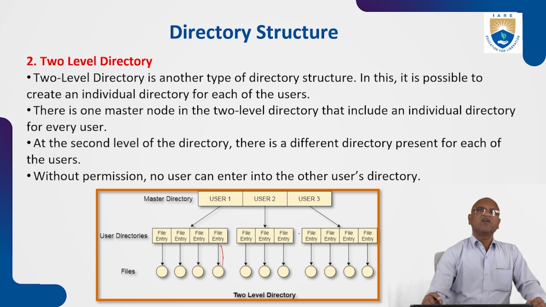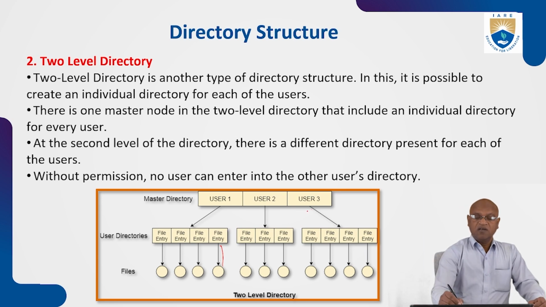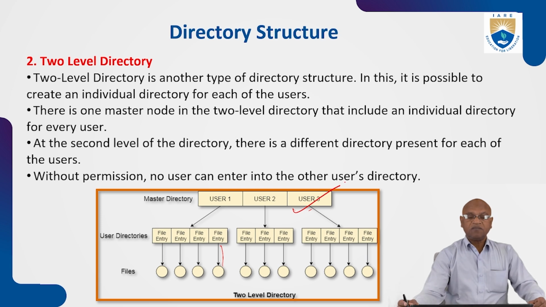Like this we make two levels. The two-level directory is another type of directory structure. In this, it is possible to create an individual directory for each user. There is one master node in the two-level directory. This is our master level.